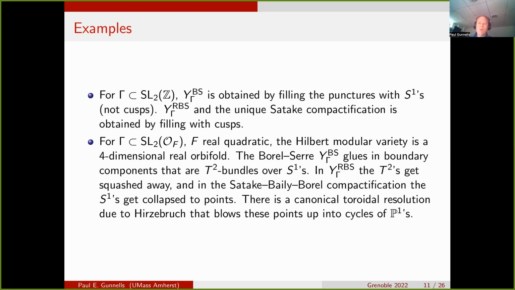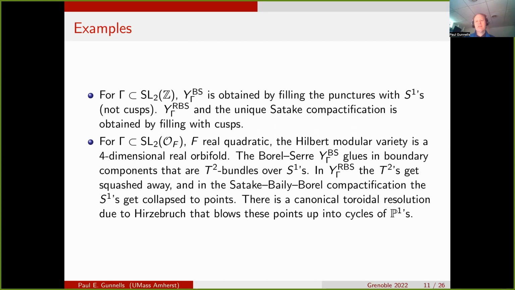When we construct the Borel-Serre, so it's 4-dimensional, we're going to make a manifold with corners or manifold with boundary. You have to glue in something 3-dimensional. The things that get glued in this case are boundary components that end up being torus bundles. And here, these are the actual true tori that you buy in the donut shop, over S1. So they're fiber bundles over a circle where the fiber is a torus.